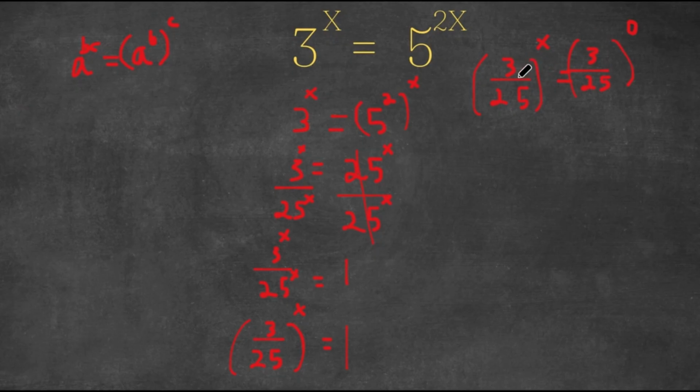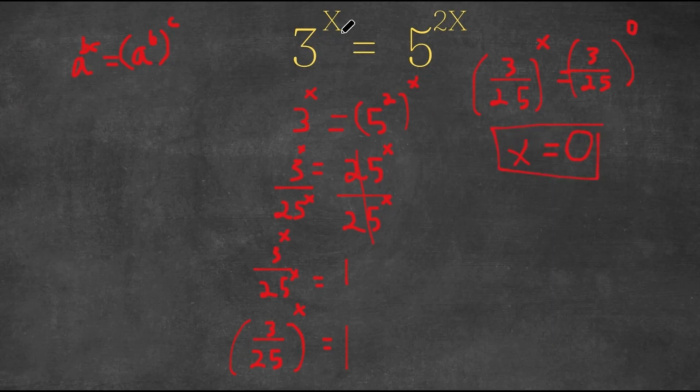And now, because both of these terms have the same bases, we know that their exponents are equal to each other, because if they weren't, then this would be false. So now we can just ignore these two bases and set these exponents equal to each other. So x is equal to 0. And this is actually our answer, because we can't simplify this anymore. X is equal to 0.